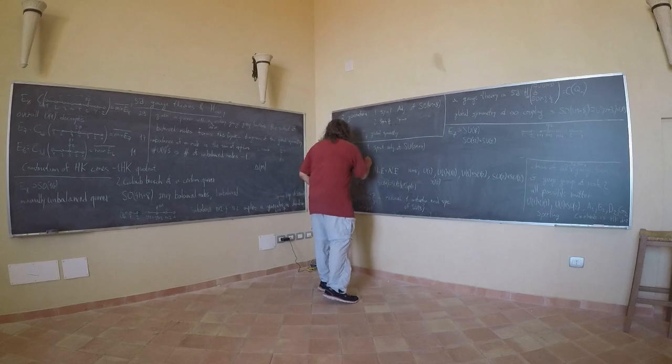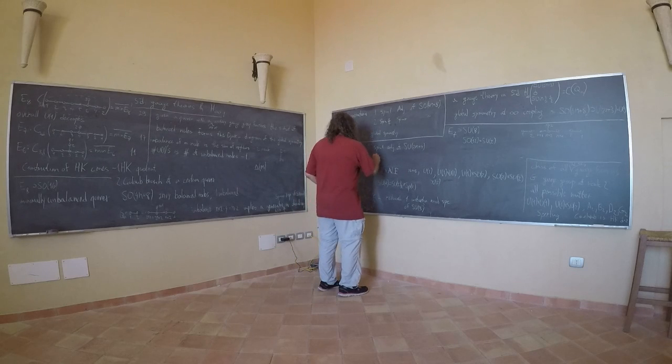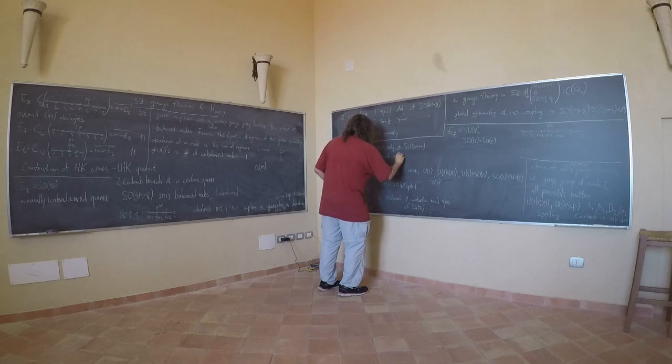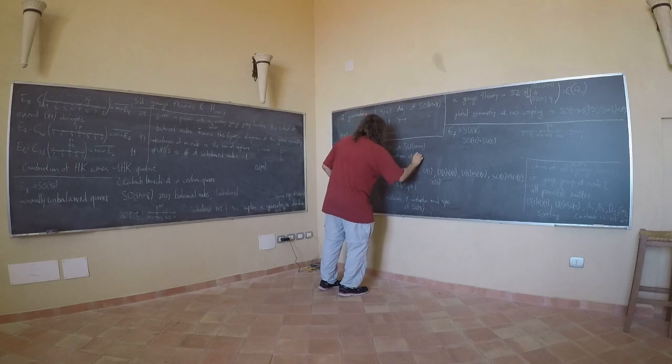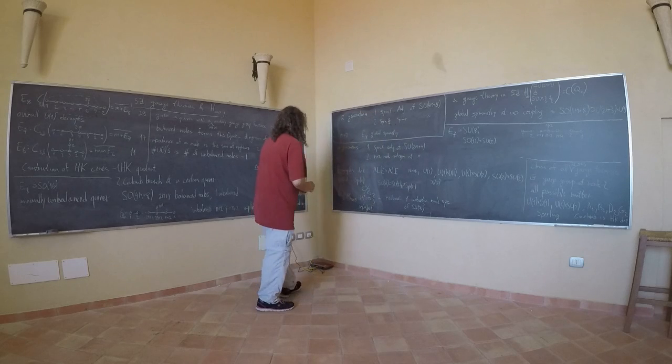The second one is in the n plus 2 rank antisymmetric representation of this isometry group.